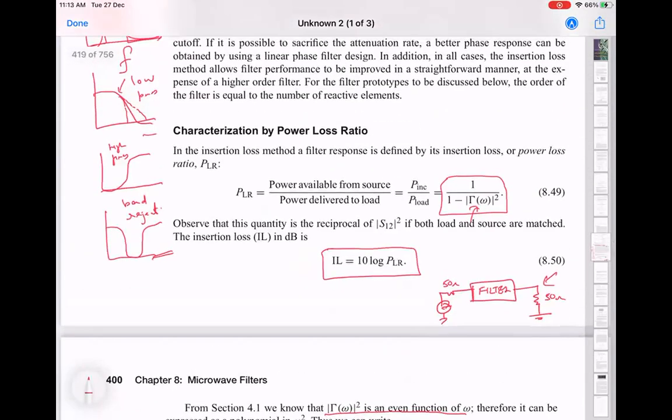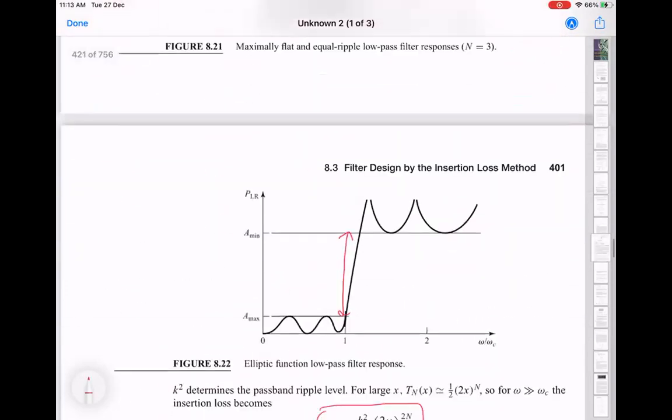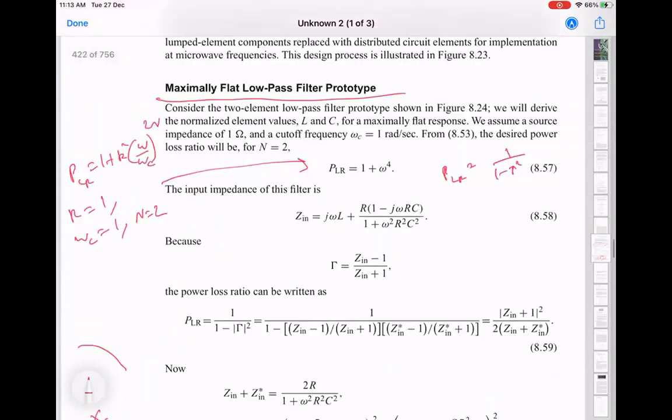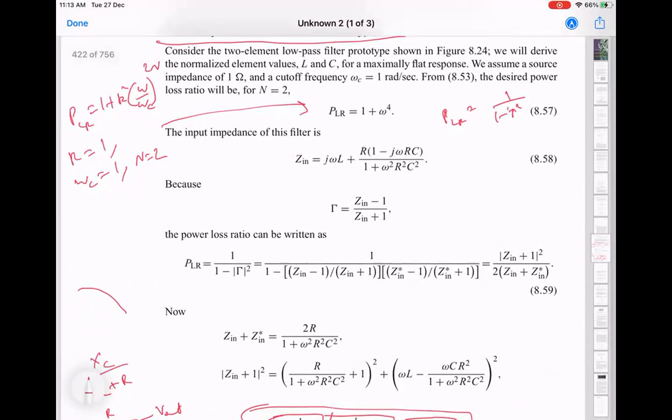Yeah, 1 over 1 minus mod gamma square. So you have defined now a functional form for PLR. From that, you can get a functional form for gamma or vice versa. And then how do you get gamma? Gamma is just your z minus z naught over z plus z naught, because everything is normalized to 1 here. That's why you have this function here.